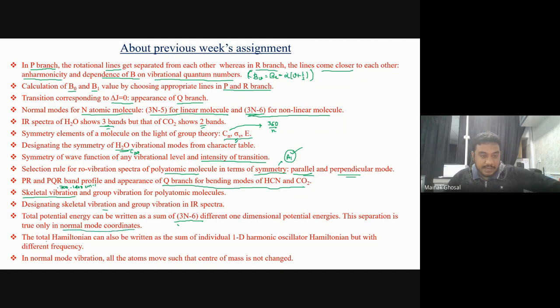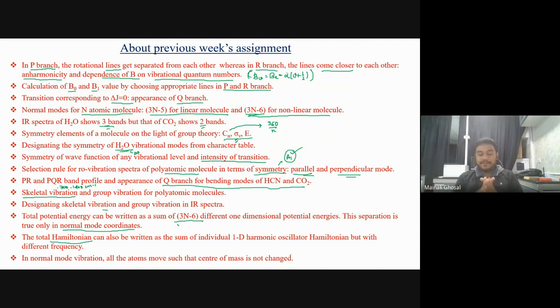The total Hamiltonian was also expressed as the sum of individual 1D harmonic oscillators, but the frequencies were different. Finally, in normal mode vibration, all the atoms move together such that the center of mass is not changed. In the water molecule, when two hydrogens move, the oxygen will move itself in such a way that the center of mass remains fixed. This actually happens in normal vibration.